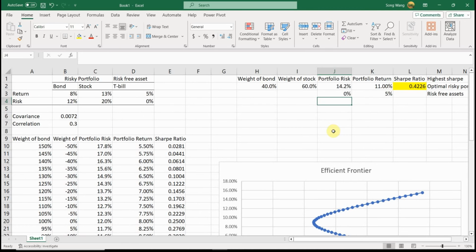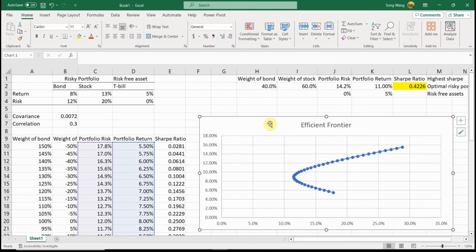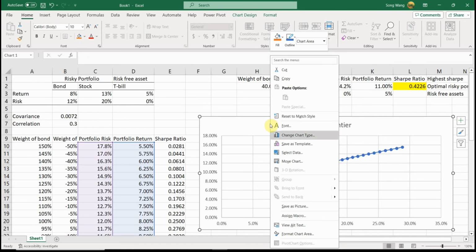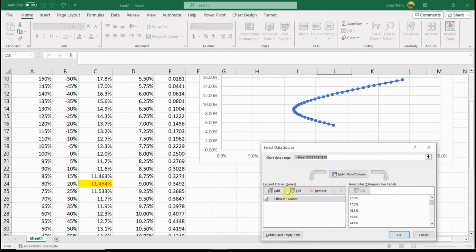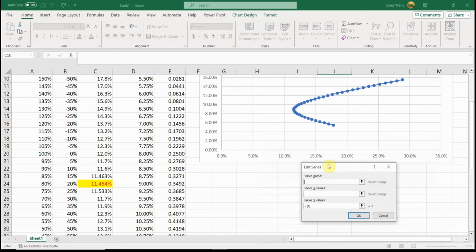The thing is, you need to do it on the same chart. So I want you guys to right-click on this chart, select data, and add a series, and this is called a capital market line.